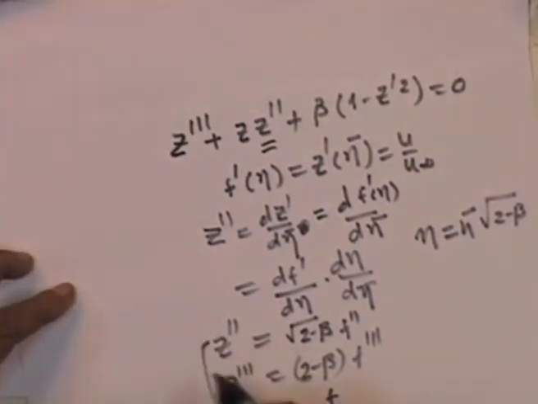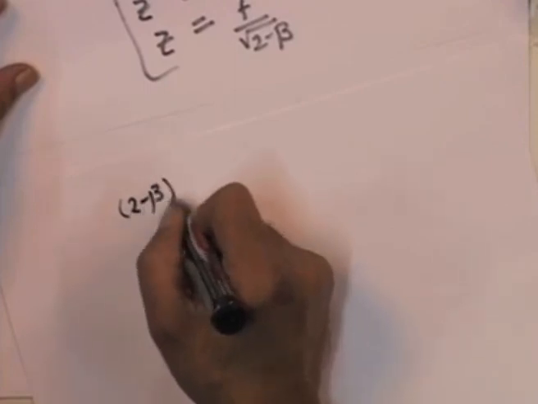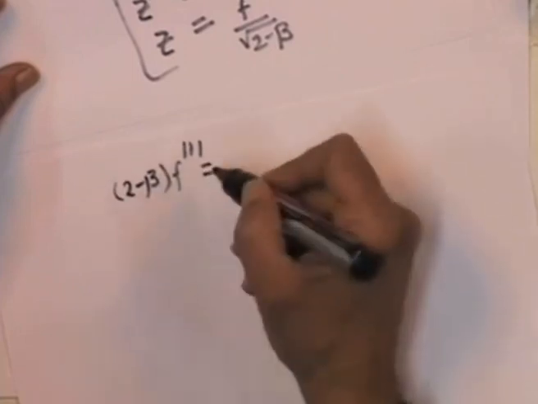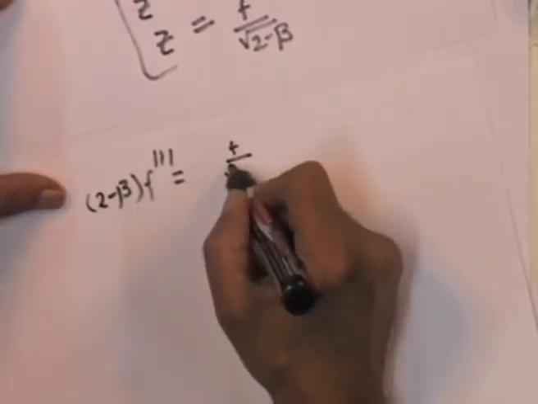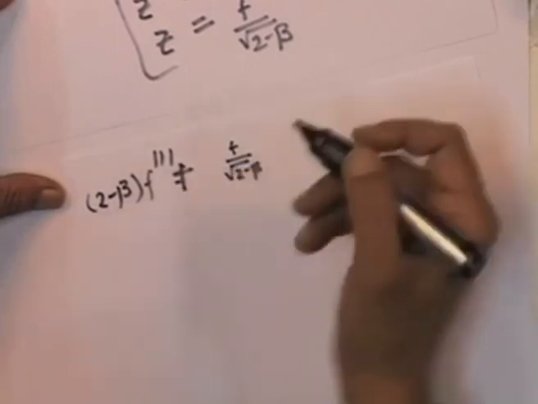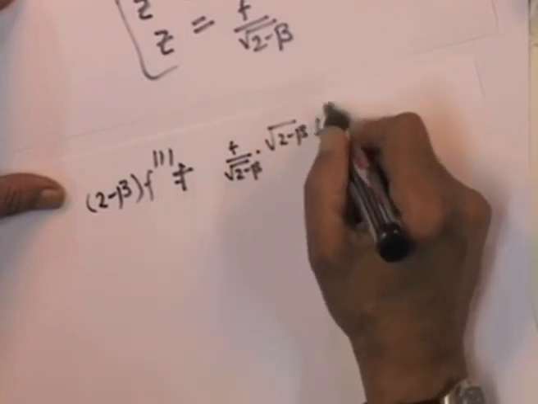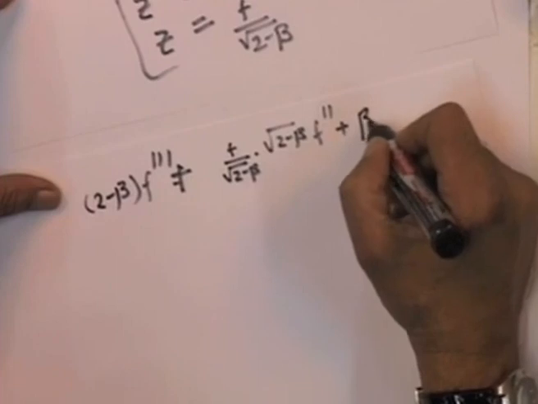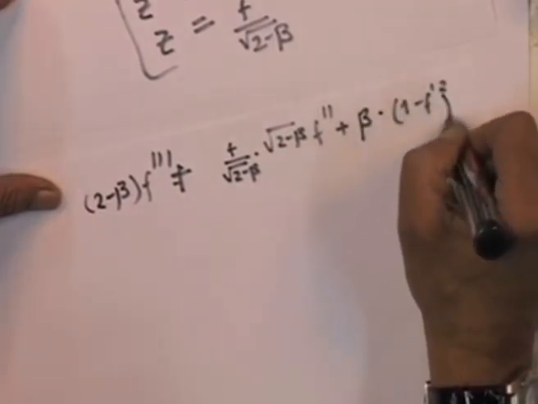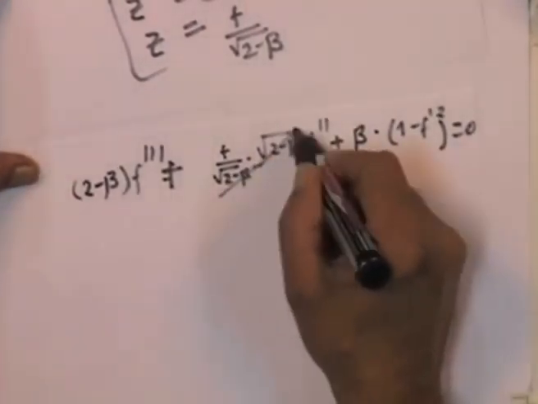So, with these three substitutions in this equation, I will have 2 minus beta f triple prime, plus f divided by under root 2 minus beta into under root 2 minus beta f double prime, plus beta into 1 minus f prime square equal to 0. And you will see this and this get cancelled.